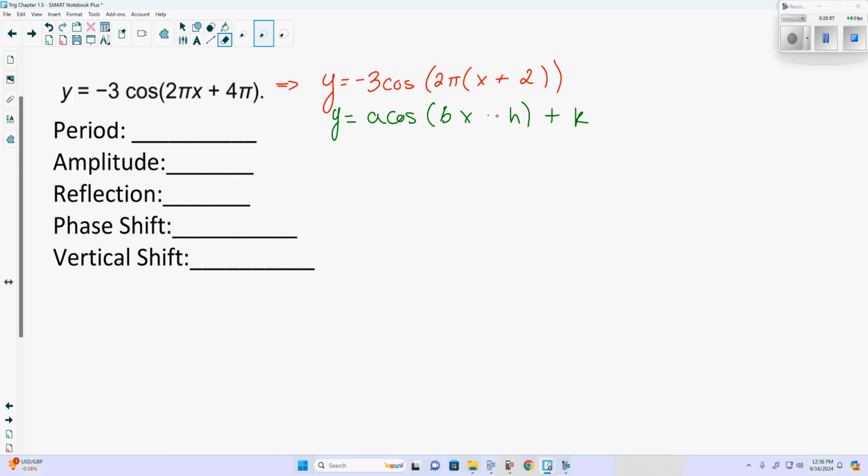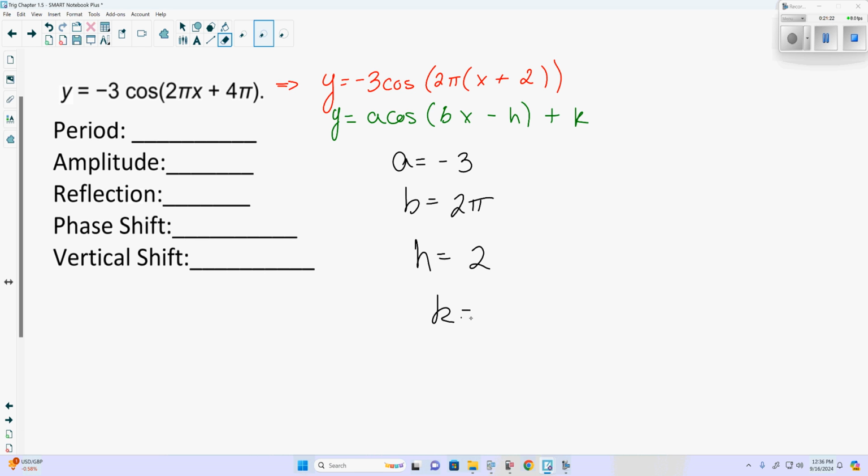Minus. So, A is what? -3. B is 2 pi. H is 2.